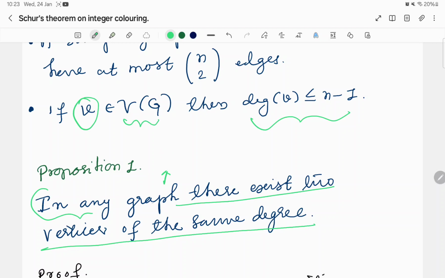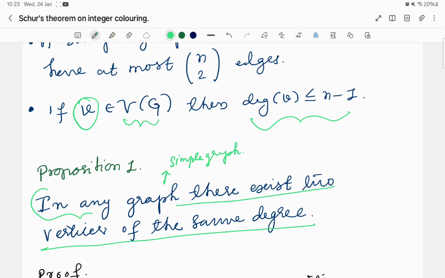But here we are talking about a simple graph. So they are saying that there exist two vertices of the same degree.